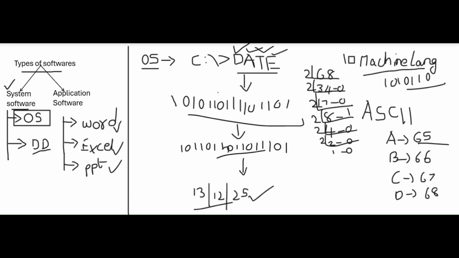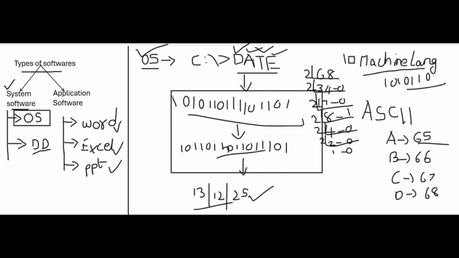But who is taking this pain for us? Who is taking the pain of converting these into machine language and back? Here is the hero. The operating system will take the pain.